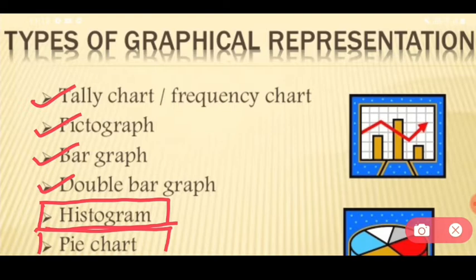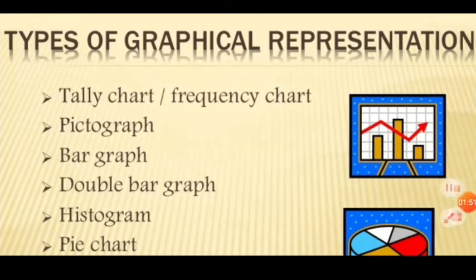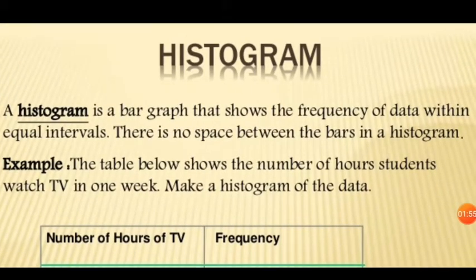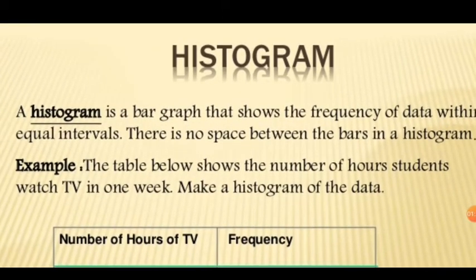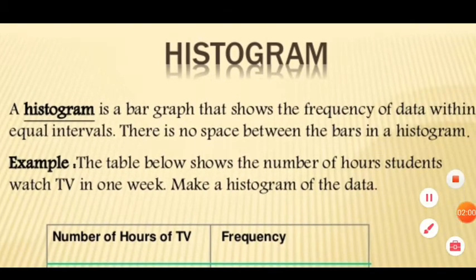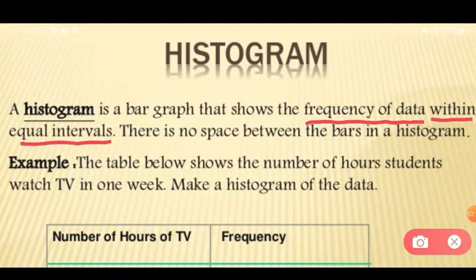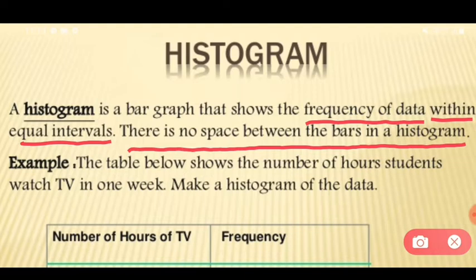What is a histogram? A histogram is basically a bar graph that shows the frequency of the data within equal intervals, equal class intervals. And one more special thing, there is no space between the bars in a histogram.